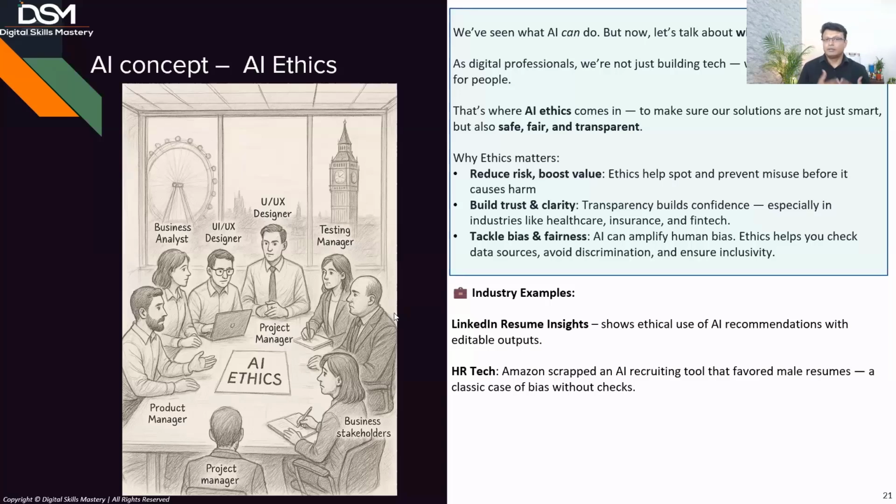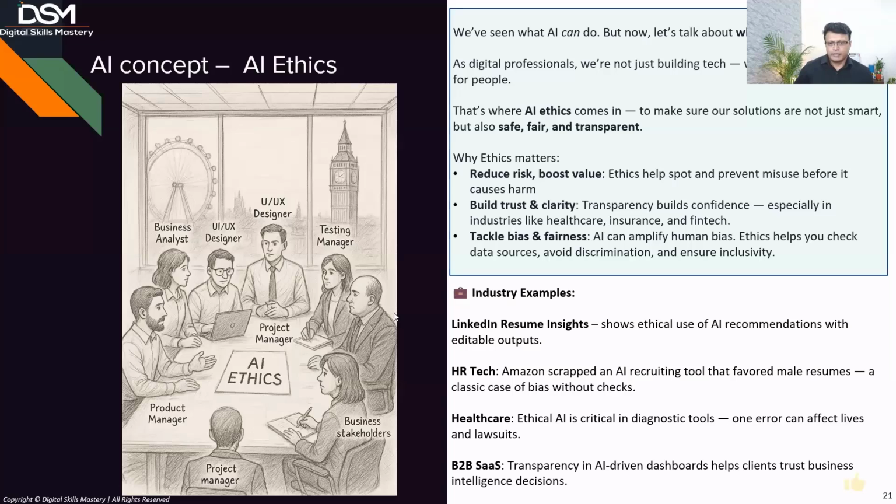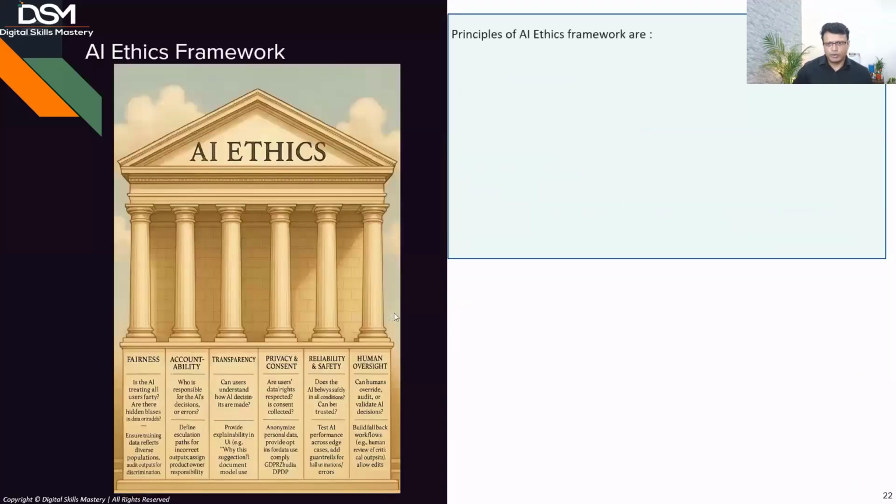Somehow this machine was doing it, and the human check that was there was able to detect, based on data science and looking at the pattern, and take that call. Again, in healthcare, very important when you are implementing it for diagnostic tools, an error could be fatal for life. So again, you have to look at implementation of these tools with AI ethics in the context of what you are building.